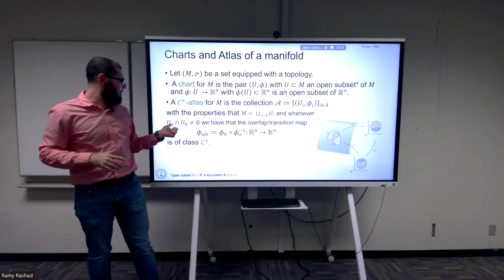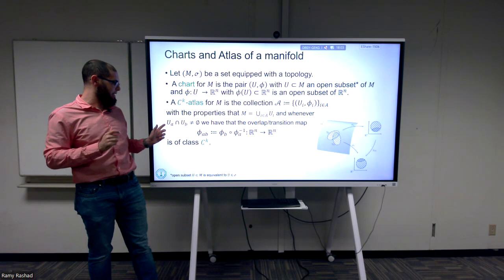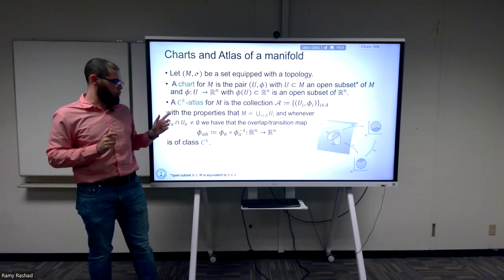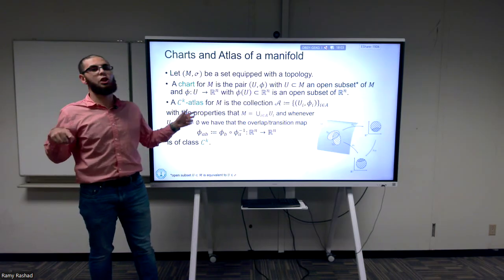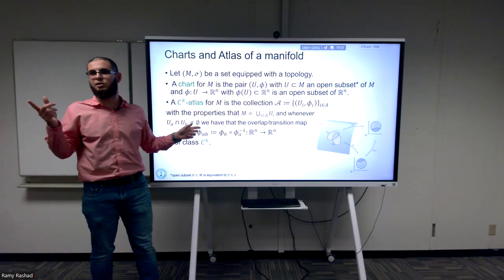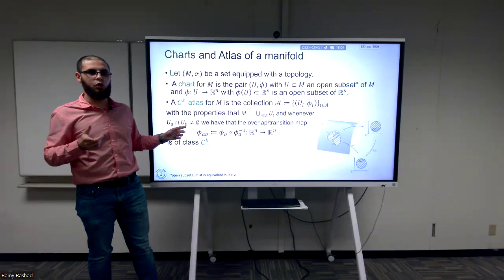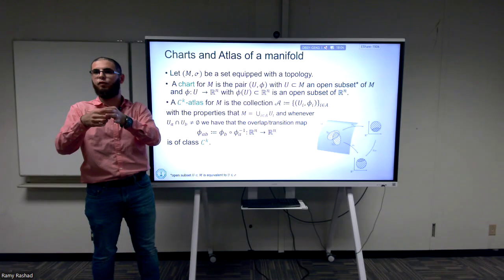And whenever there is an overlap, say you have some region UA and some region UB and you take the intersection and it's not the empty set, this just says that regions UA and UB have an overlap region, a place where they overlap.